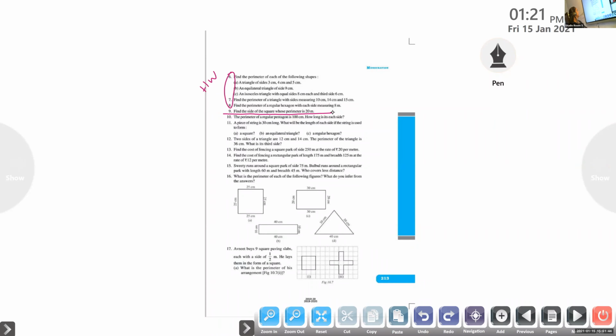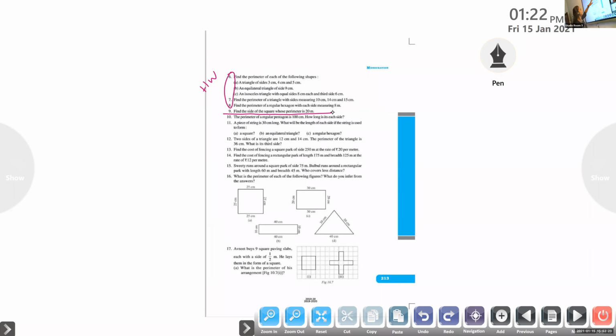Ninth question. Find the side of a square whose perimeter is 20 meters. Here, this question is reversed.